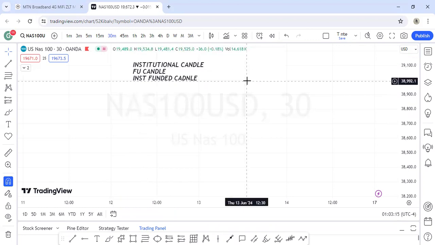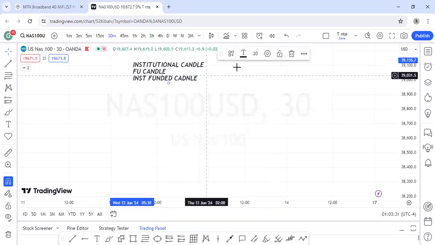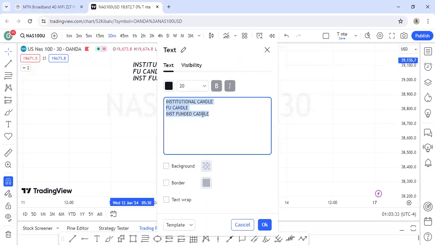When we are talking about this concept, there is a logic behind it, and the logic is that the market is liquidity engineered. Sorry, I didn't see that on time, sorry for the mistake.